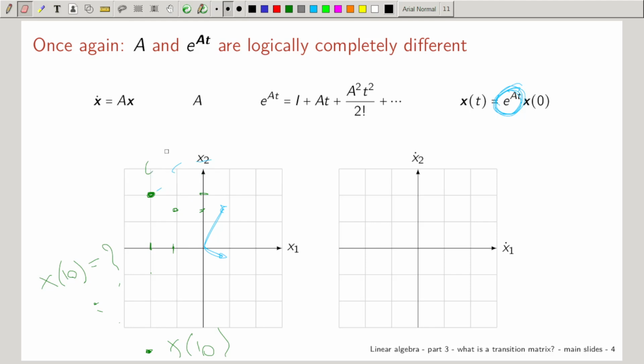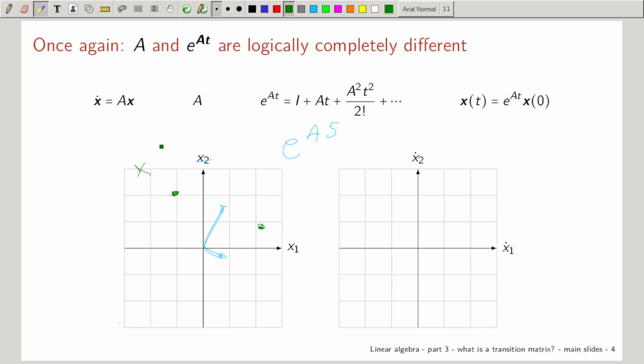And watch out, because let's pretend that we are measuring in seconds. If this is e^(A·5 seconds), it means that if this one gets mapped here, I throw it randomly, I do not know where it gets mapped. Let's pretend that given this goes here.